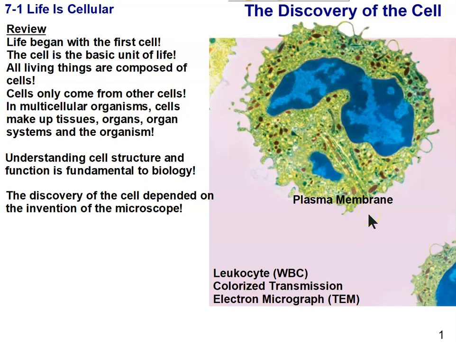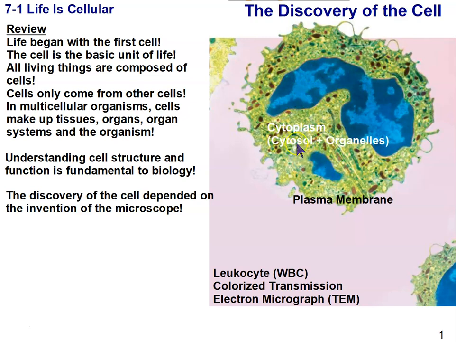So, all cells have a plasma membrane. No matter how simple the cell, it has a plasma membrane, the cell membrane that surrounds the entire cell. And again, in this cell, these extensions known as pseudopodia are extensions of this plasma membrane. All cells have a cytoplasm. The cytoplasm is basically everything within the cell but outside the nucleus.